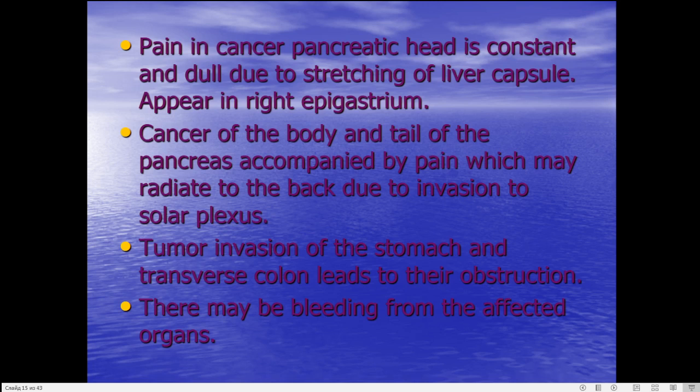The symptom will be vomiting. If the tumor invades the transverse colon and leads to future obstruction, the patient will have intestinal obstruction. There may be bleeding from the affected organs.